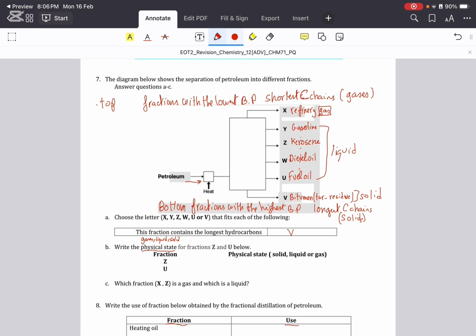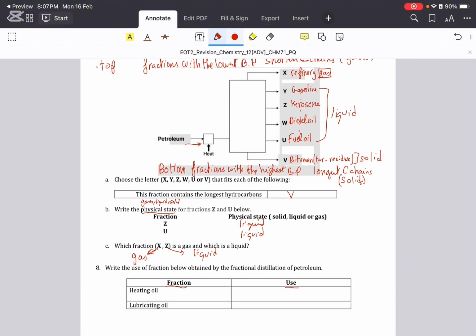So here Z is liquid, and U also is liquid. X is a gas, and Z again is a liquid. So actually, whatever they ask, Y, Z, W, and U are all liquids. X is gas, V is solid.